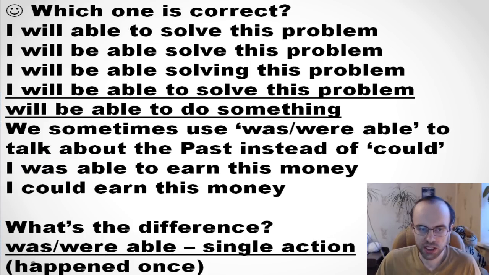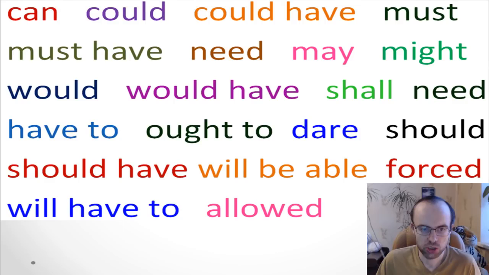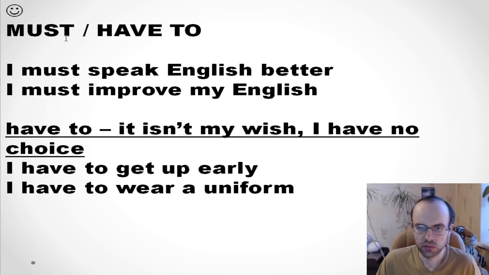Okay, let's talk about the next modal verbs. So must, have to, and some others. Must and have to. If you really want something, say must. I must speak English better.